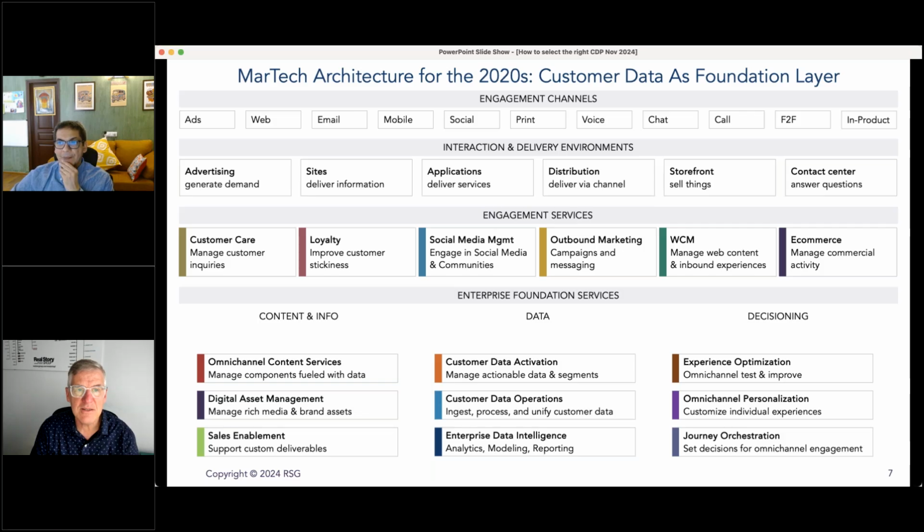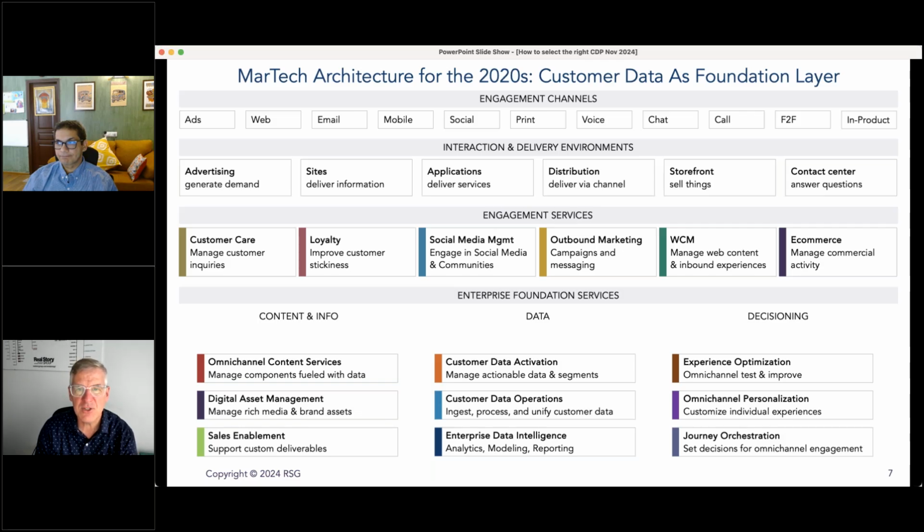And so what this leads us to is what we've described as the MarTech architecture for the 2020s. This is the B2C version. We have a separate B2B version that's not really that much different, where you have engagement and interaction environments at the top. But the more interesting thing is what's going on with the different colored boxes in the middle. One is these engagement services.